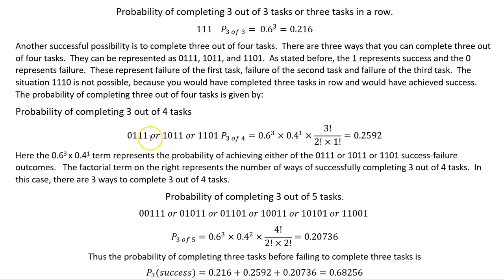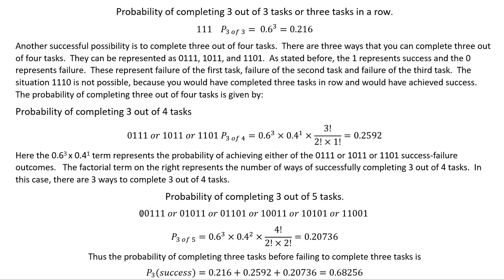All right, so what's the probability of these 3? Since there's 3 successes and 1 failure, it's 0.6 cubed, 0.4 to the first, and this is the number of ways of achieving it. You're permuting three numbers, two are ones and one's a zero. So 3 factorial over 2 factorial times 1 factorial, and that's 0.259, all right? And then, of course, we can complete 3 out of 5, and I have the possible permutations of doing that.